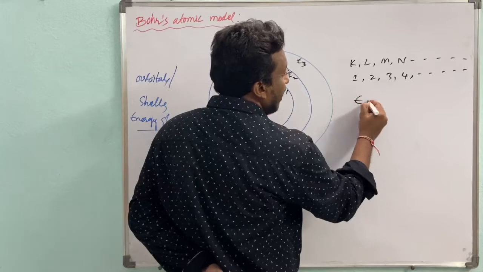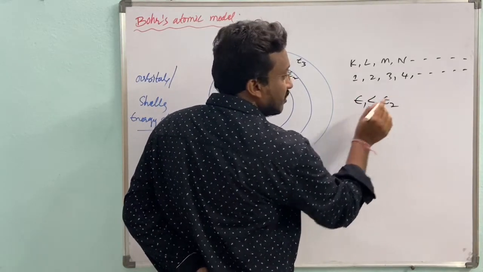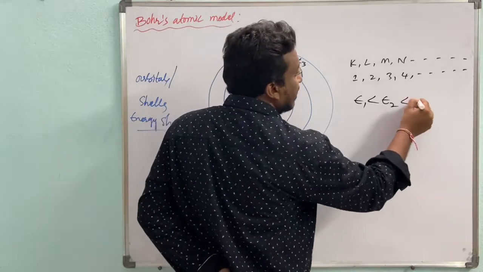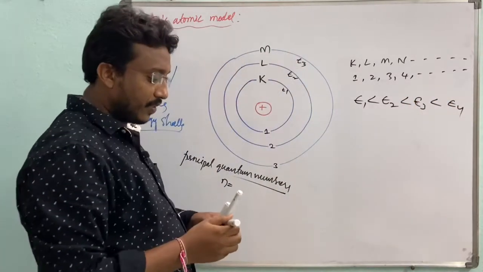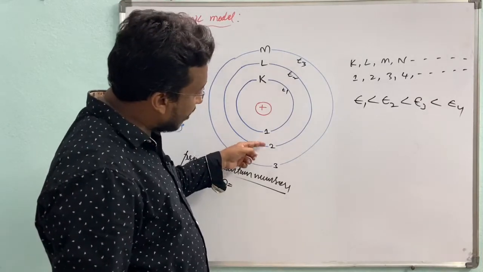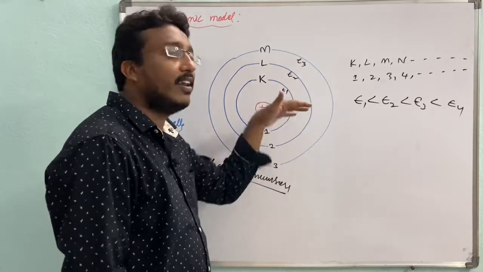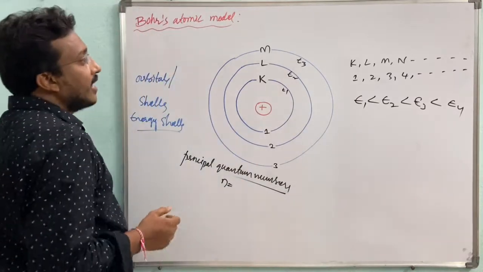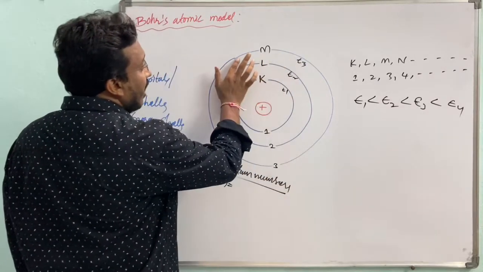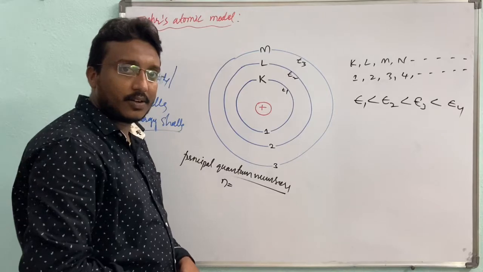For example, E1 is less than E2, E2 is less than E3, E3 is less than E4. As the principal quantum number increases, the energy level also increases.